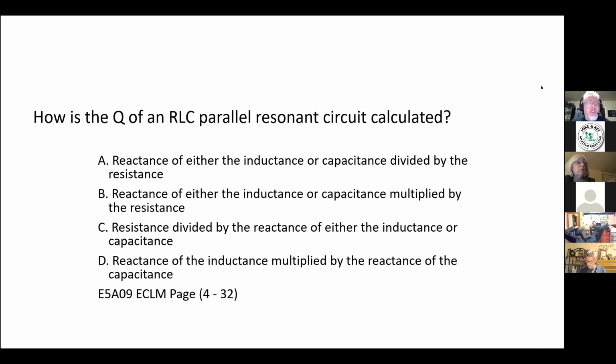C, resistance divided by the reactance of either the inductance or capacitance. Or D, reactance of the inductance multiplied by the reactance of the capacitance. That was a long one. Correct answer is C, the resistance divided by the reactance of either the inductance or capacitance.